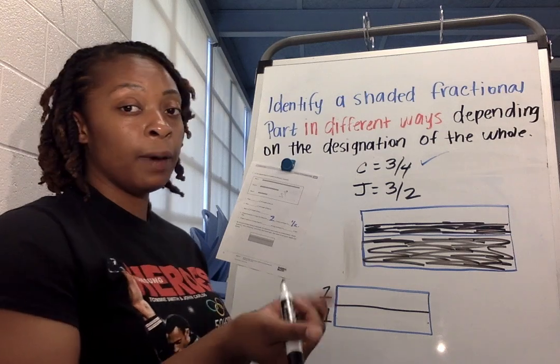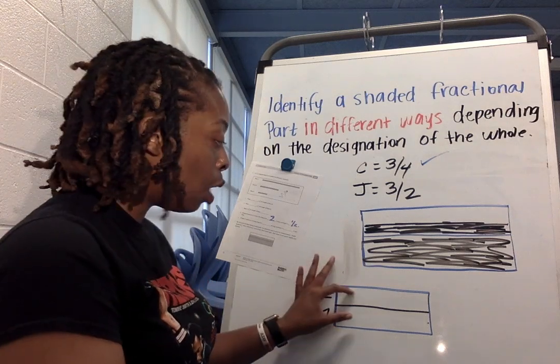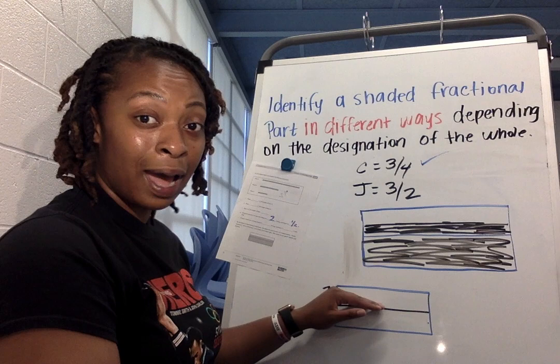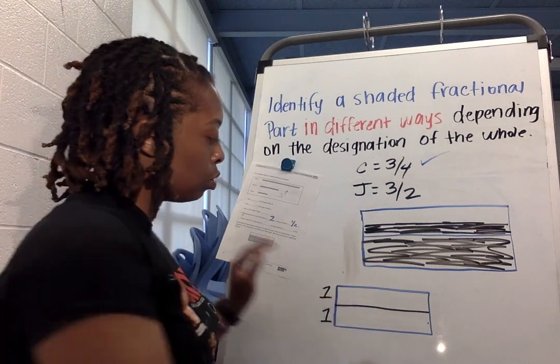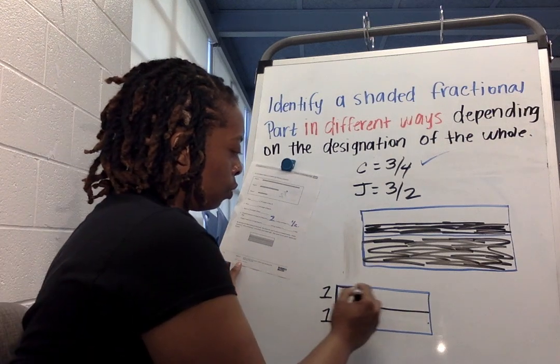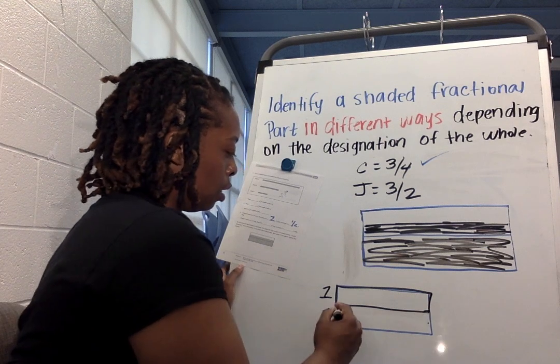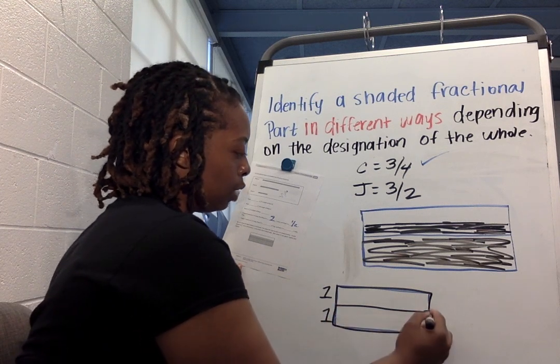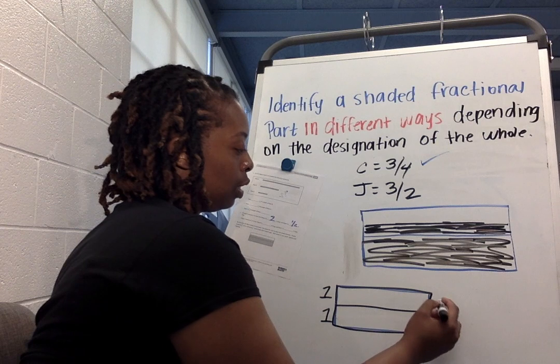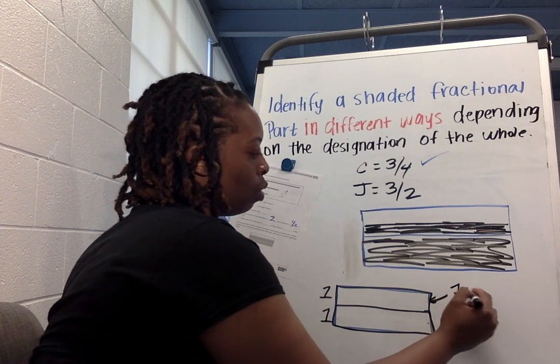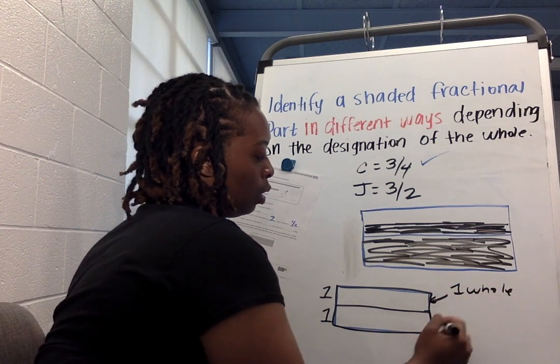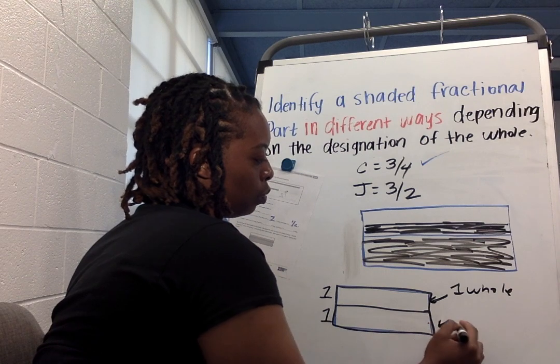Okay. So if we partition these wholes, this is a whole and that's a whole. These are two wholes, not halves. So this part is one whole rectangle, and then this part at the bottom is one whole rectangle. I need you all to make sure you understand that. So this is one whole, and this part is one whole.